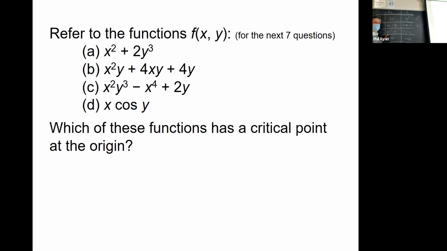What about this guy? No. Again, what about this guy? What's cosine of 0? It's 1. Right, so that's not there. Okay, so only A has a critical point at the origin.